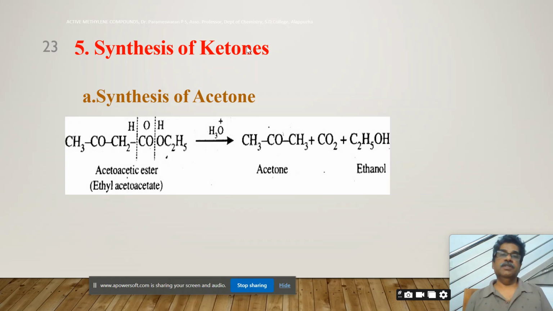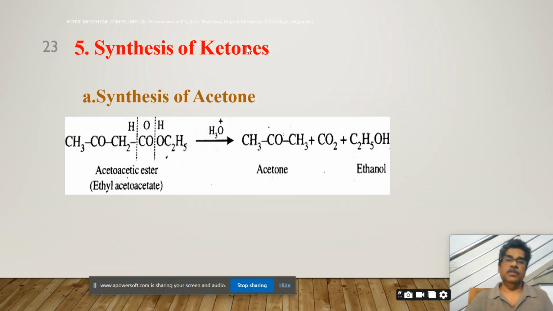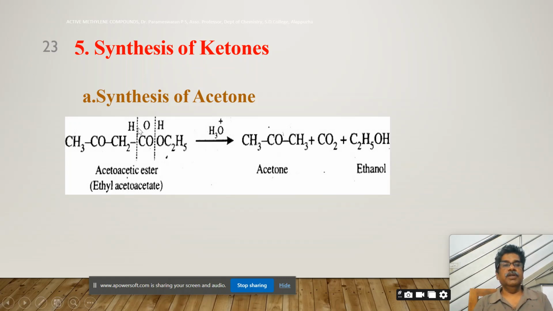The next one, synthesis of ketones. It is already discussed. Ketone hydrolysis. Here, when it undergoes ketone hydrolysis, H is always written first, then over the carbonyl group of the ester we put the O, then the remaining H over OC2H5.